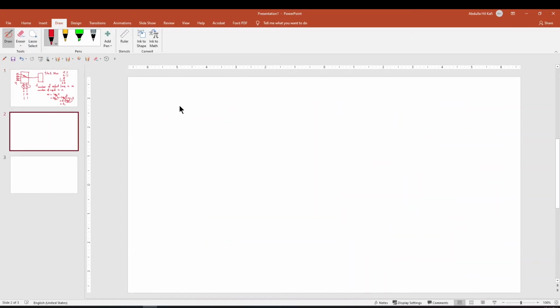So in a 2 to 1 multiplexer, you have only one selection pin like this, and a maximum of two inputs. So you can write them W0 and W1, and this is one output.